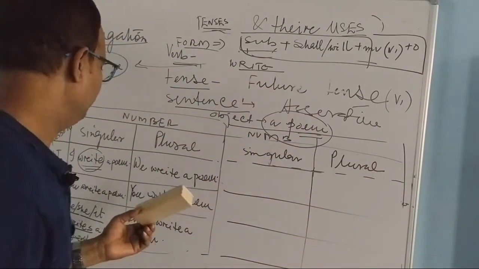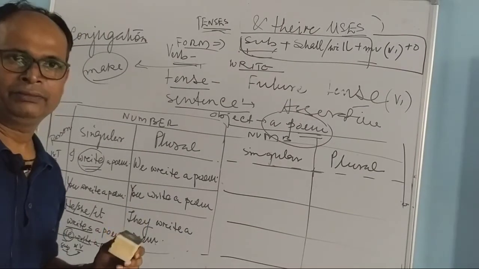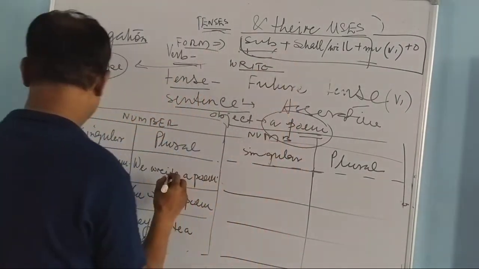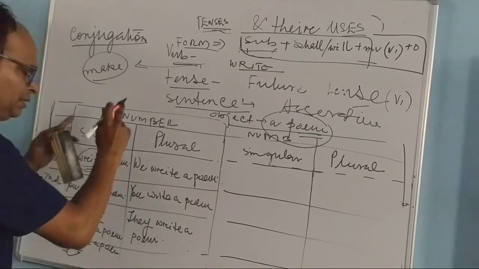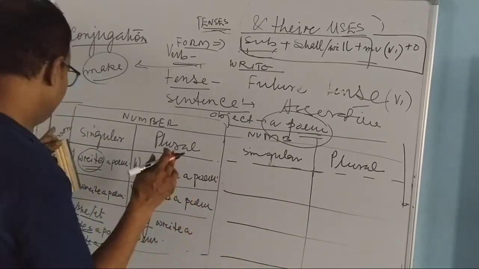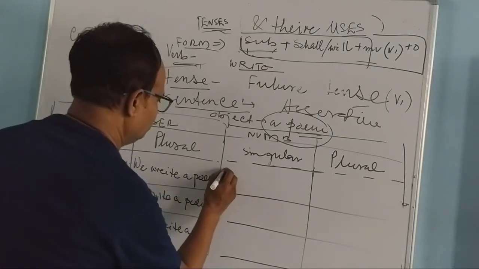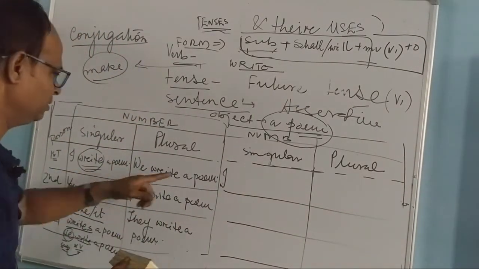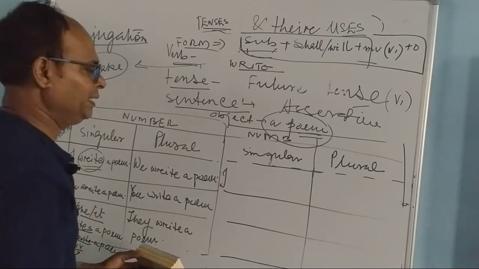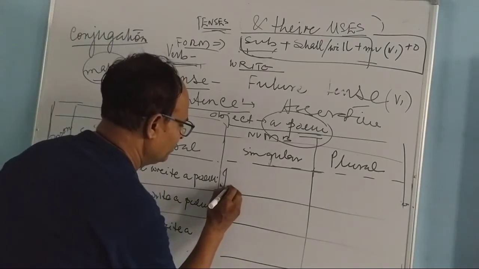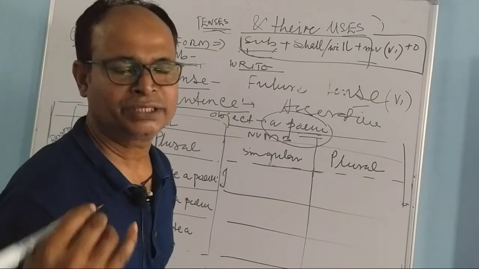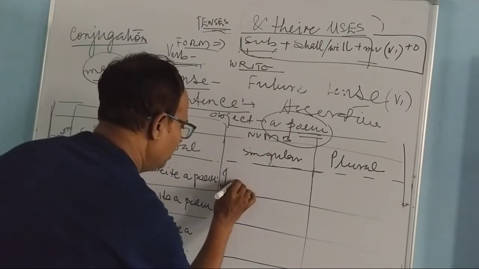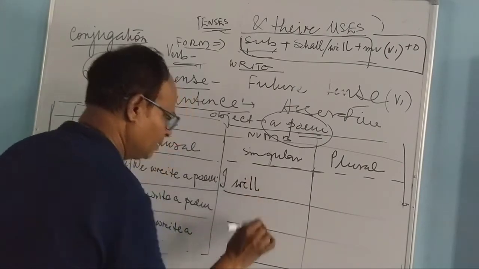Now, we are going to make the future simple. As you have seen in this chart, in this table, first we will make use of the subject, which will be the first person, and then I will be taking shall or will. I will.